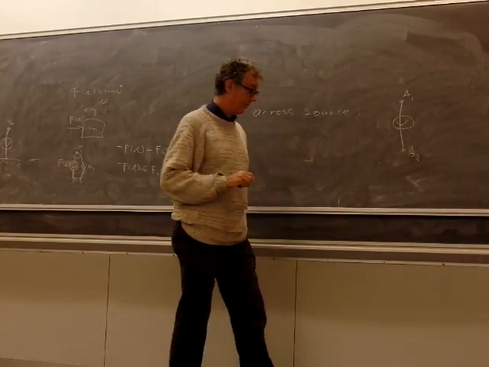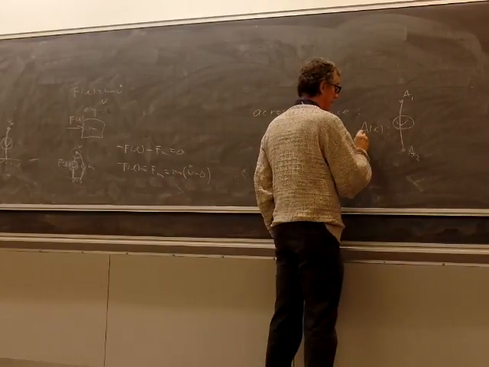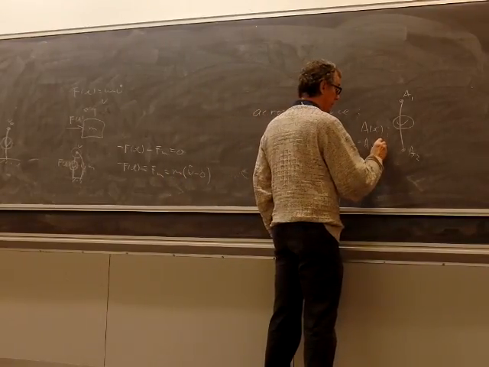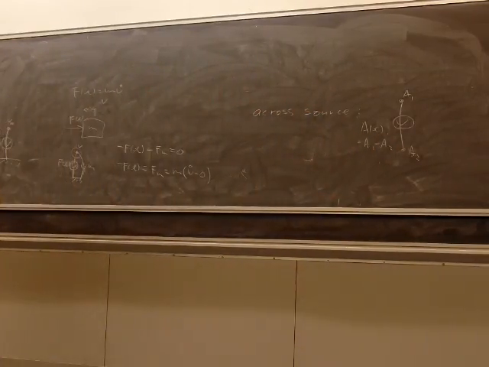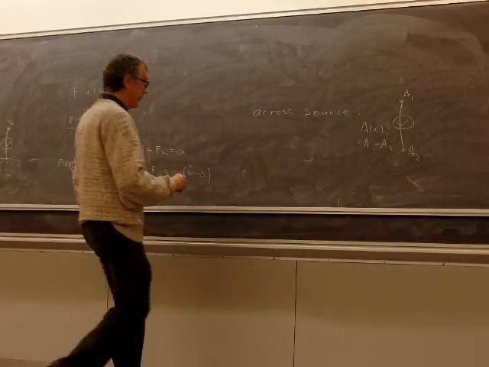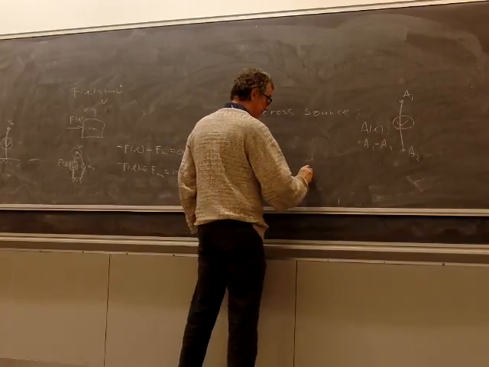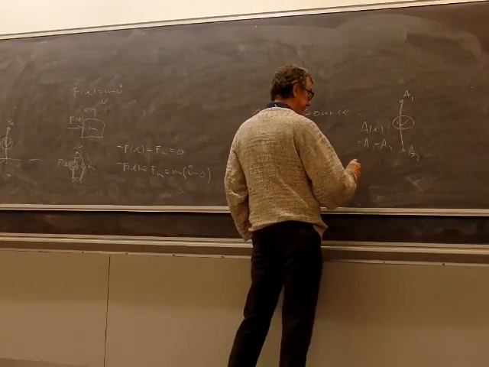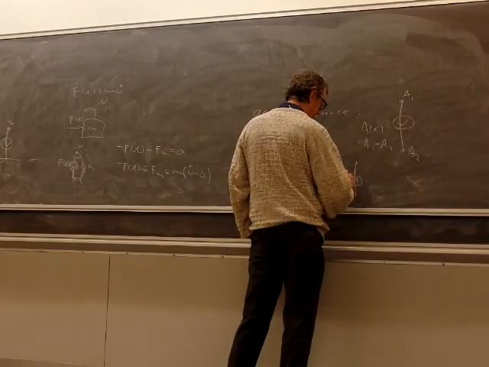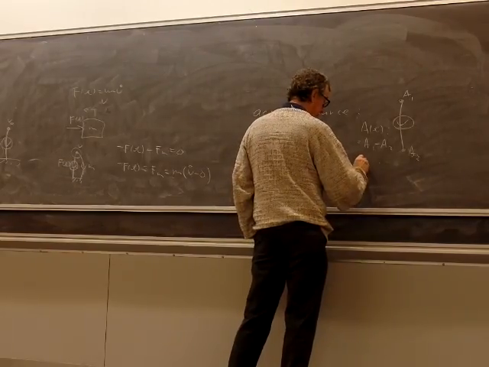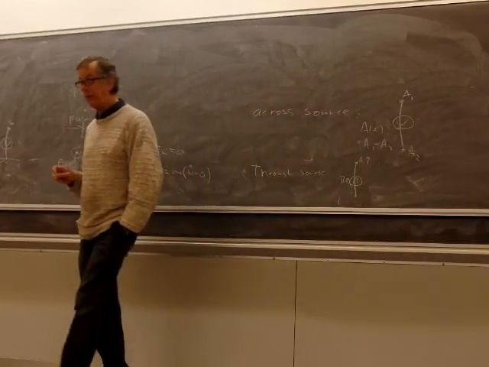So across source A is equal to A1 minus A2 if it's pointed down. Okay? For a through source, it is pointed up if it causes an increase of the velocity.